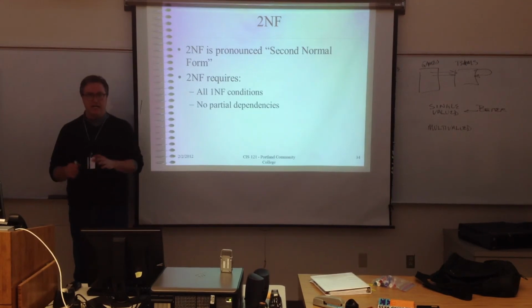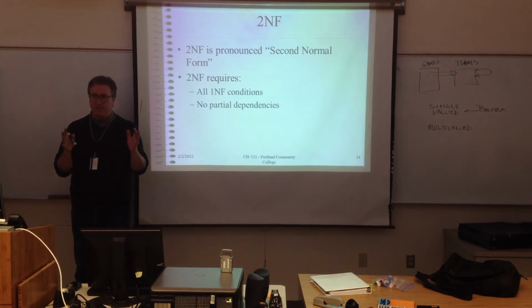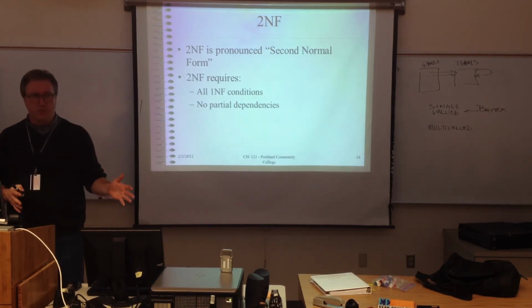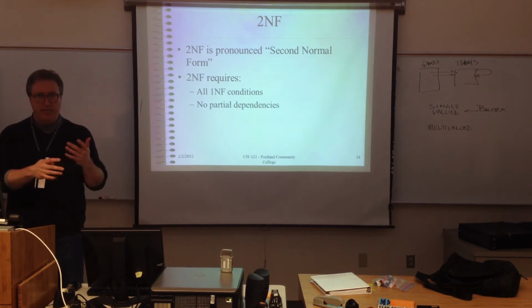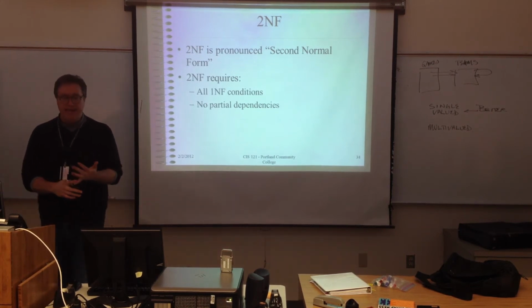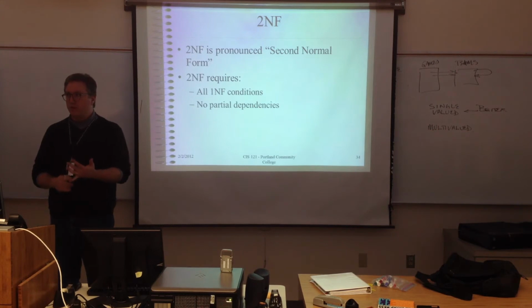Now, here's a key concept. To get to second normal form, I have to meet all the requirements for first normal form. So I have to have PK integrity, PK dependency, and no multi-values. Then I also have to have no partial dependencies. This is kind of like the difference between grade school and high school.